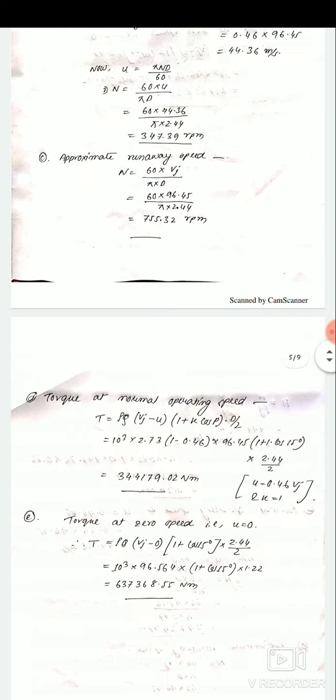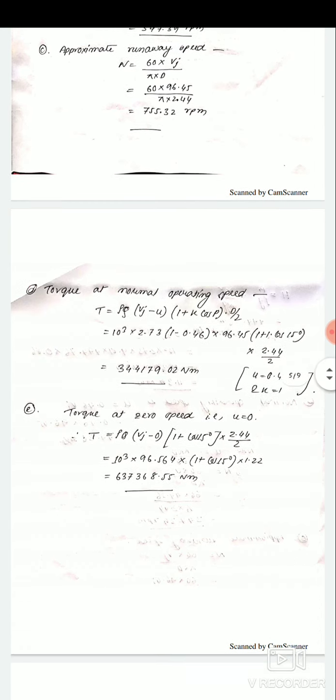We already know all these values, so by putting these values, I easily find out the torque at normal operating speed. It is coming out as 344,179.02 Newton meter. K is equal to given as 1.